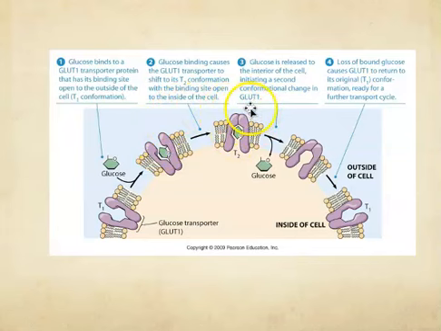It will close to the outside and open to the inside. The glucose will then let go, it'll be released, and this carrier protein that now doesn't have any glucose attached will go back to its original shape. That's the alternating conformation model of carrier proteins.